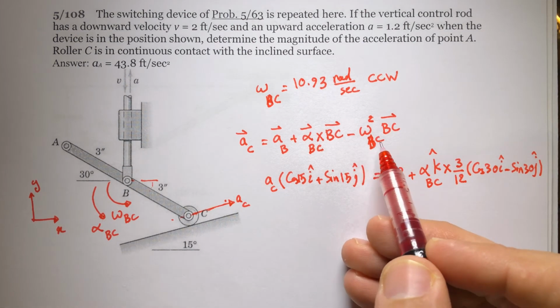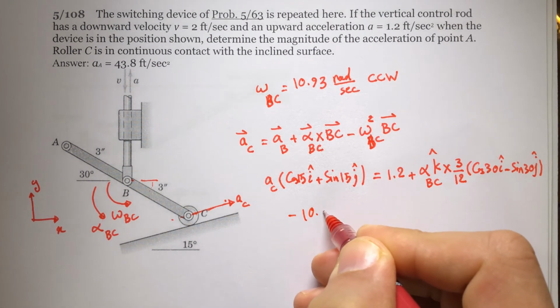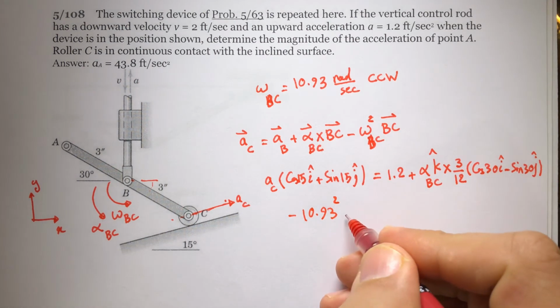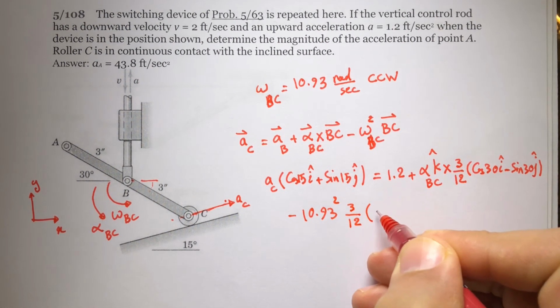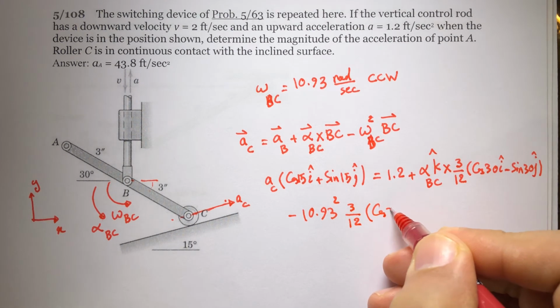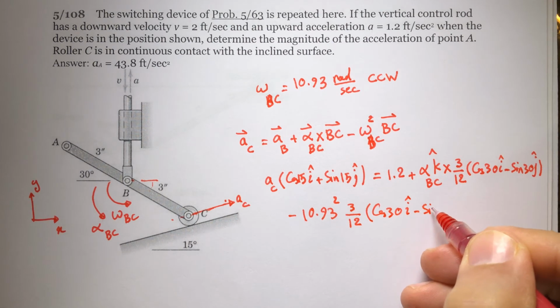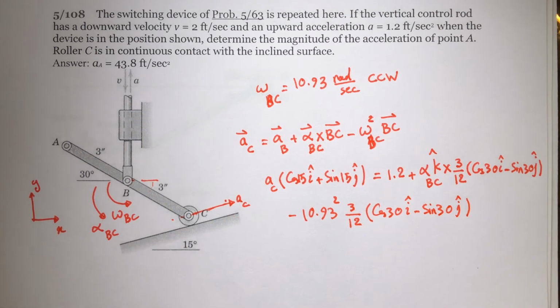Negative omega BC squared times BC. So negative 10.93 squared times BC. Again, the same vector, 3 by 12 times cosine of 30 i hat minus sine of 30 j hat.